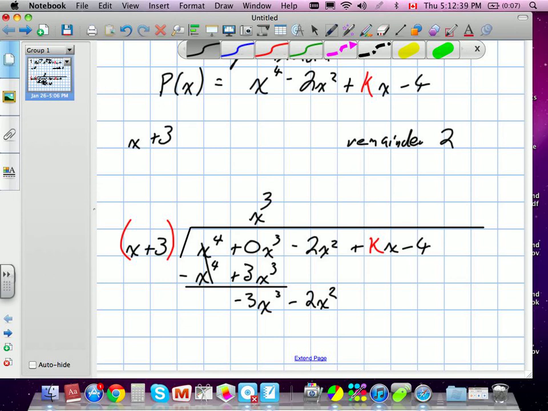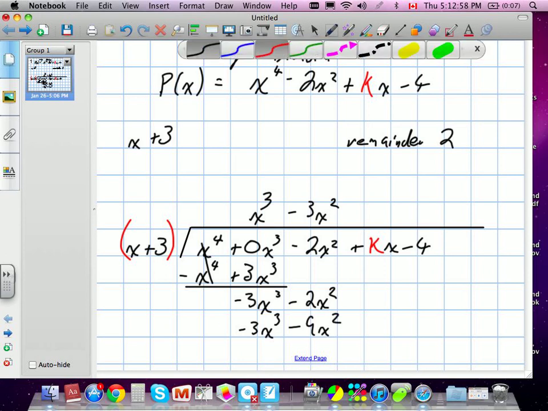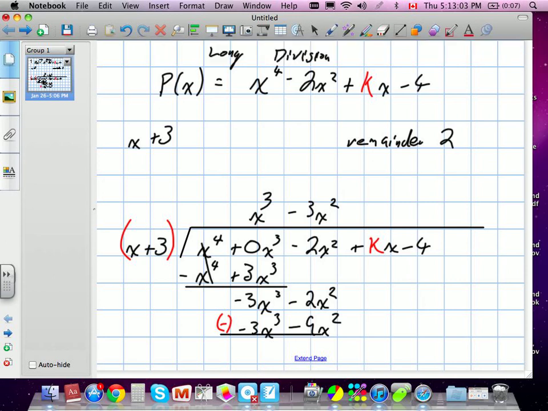Negative 3x squared. Times 3 is negative. Yes, that's right. Negative 3x squared times x is negative 3x cubed, and that's going to give us a negative 9x squared. And again, we're going to subtract them. So when we subtract those, negative 3 subtract negative 3 gives us our 0.